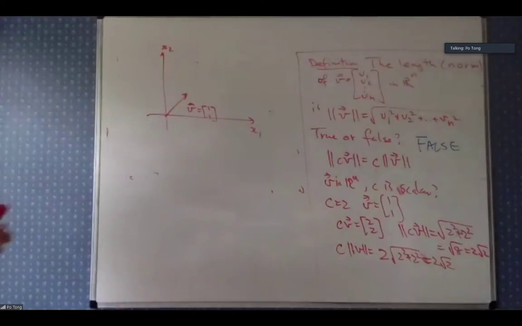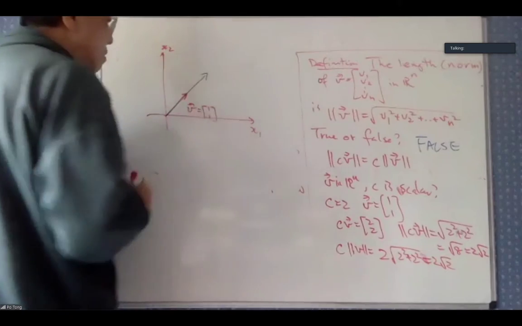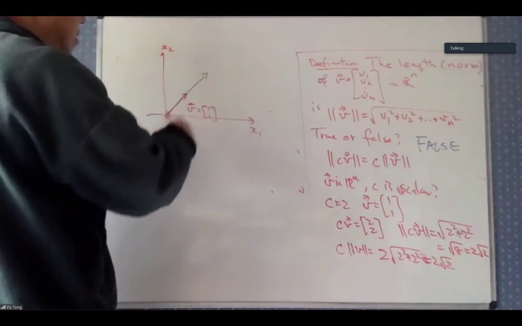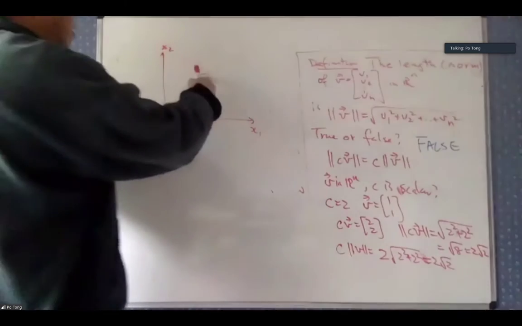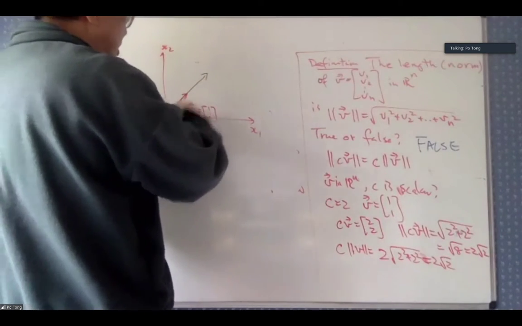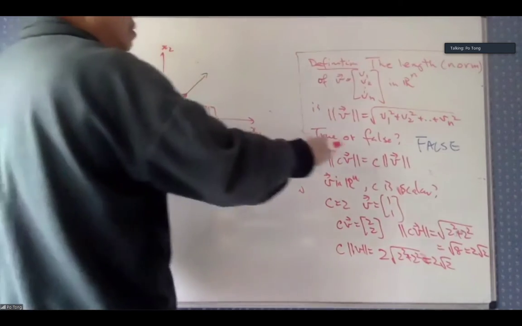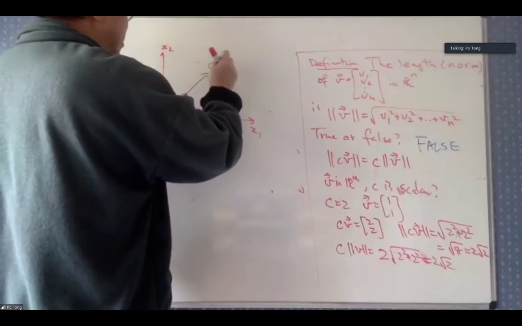If you scale it, make it twice as long, and then you take the magnitude, is it the same as taking the magnitude first and scaling it? For this example, it's true because c is equal to 2.